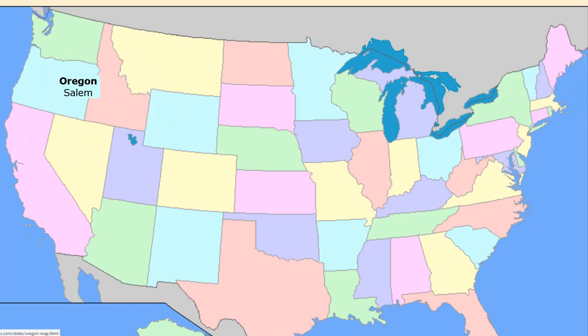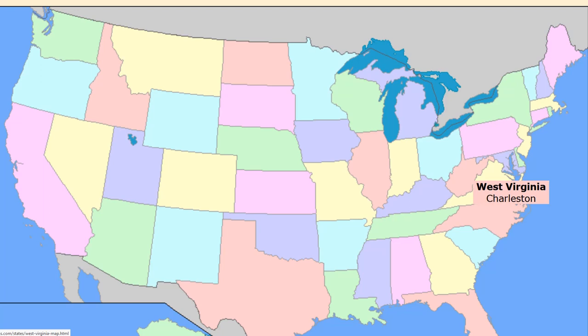By the way, I remember I talked about these three states here. They are called the west coast of the U.S. Now, if you go to the Northeast here, you have Maine, which has capital Augusta. New Hampshire, their capital is Concord. New York, their capital is Albany. Pennsylvania, their capital is Harrisburg. You see why I like this map?